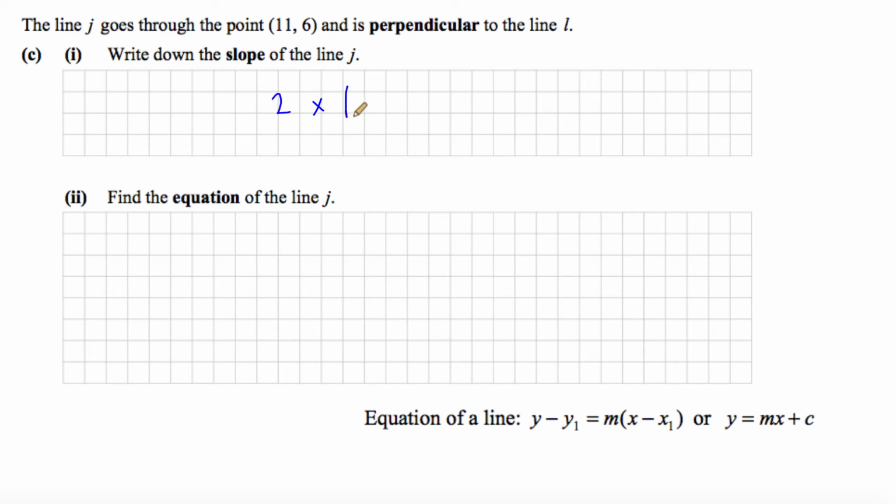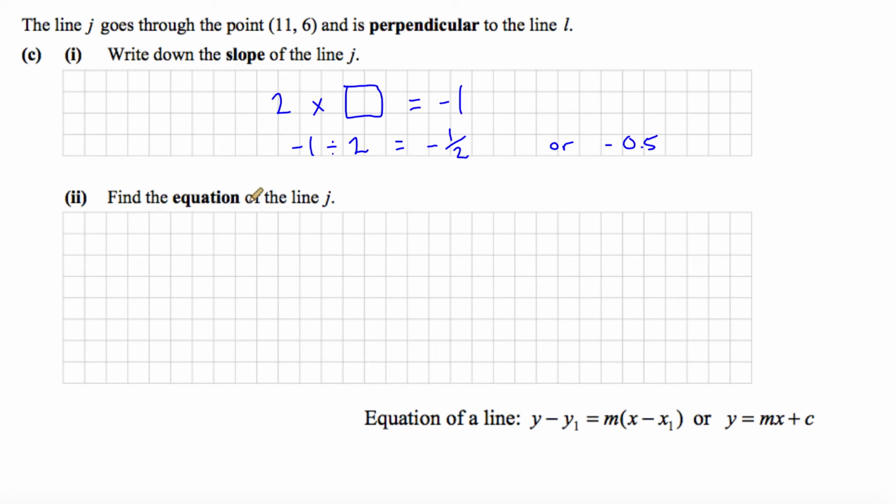And if I multiply that by the slope of the line J, which I will leave as a box, the answer will be negative 1. So what do I need to multiply 2 by to get negative 1? Well, I can just divide negative 1 by 2. And that gives me an answer of minus a half, or minus 0.5. Both answers would be correct.